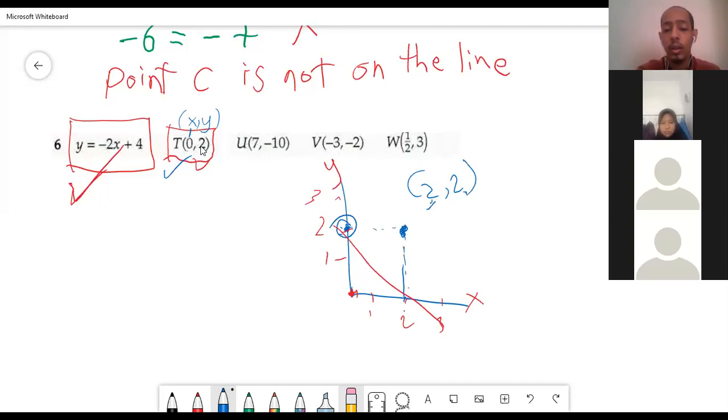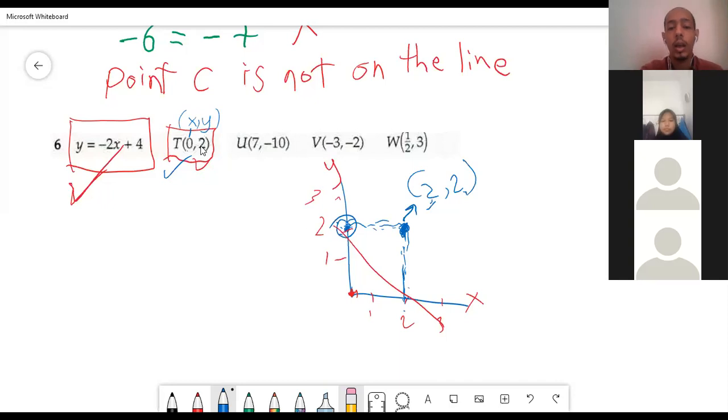If we go straight horizontally and vertically, we are going to find this point. So we describe it as 2 and 2, because 2 on x and 2 on y. So here we have a point 0 and 2.